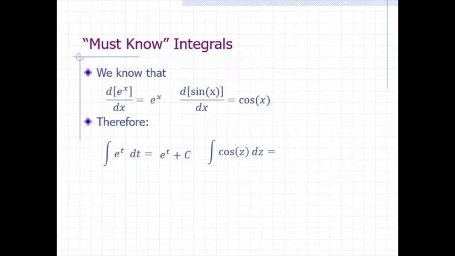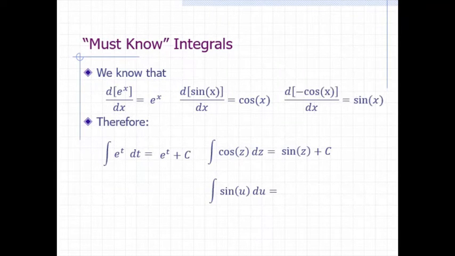The indefinite integral would be sine of z plus an arbitrary constant. How about the integral of sine u du? Well, we know that the derivative of negative cosine x is the sine of x. This means that the integral of sine u du is the negative cosine of u plus c.